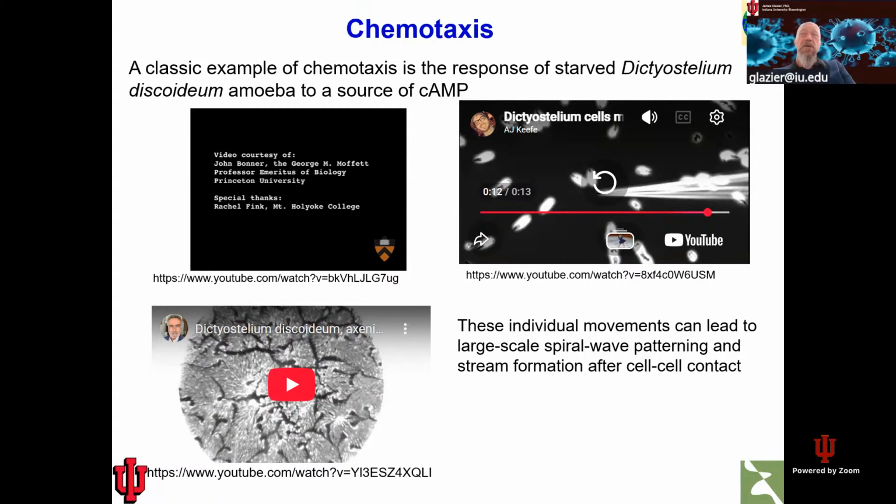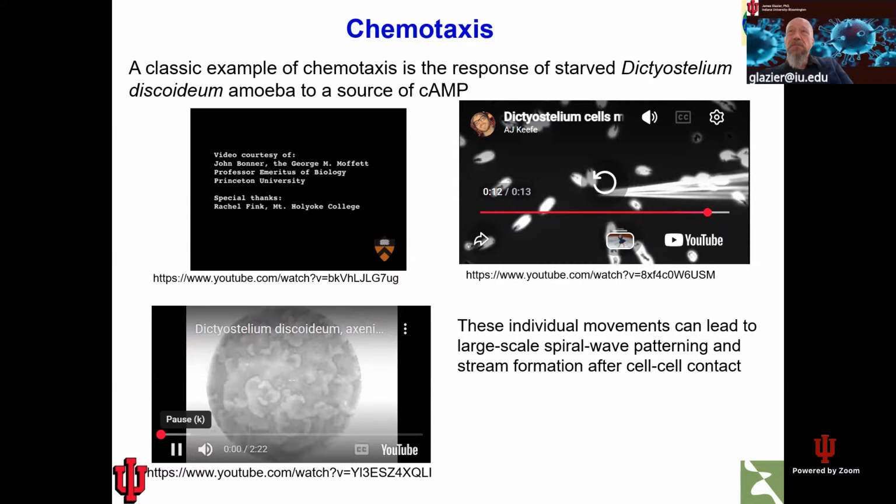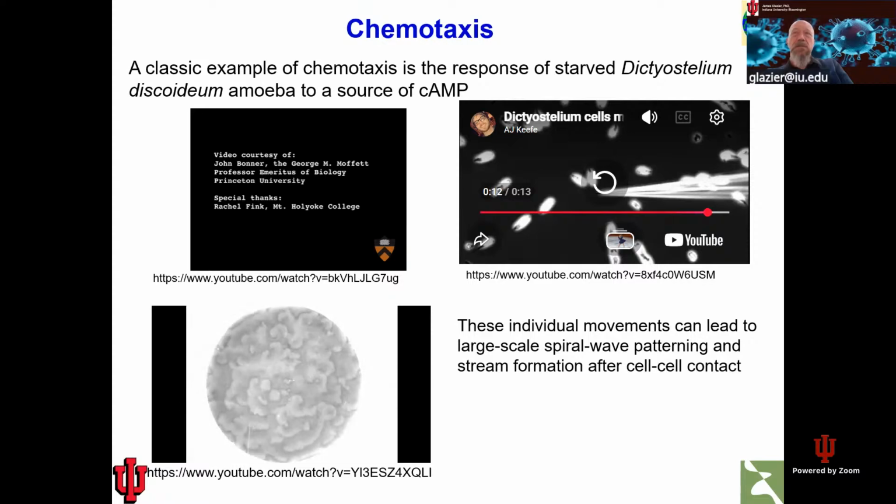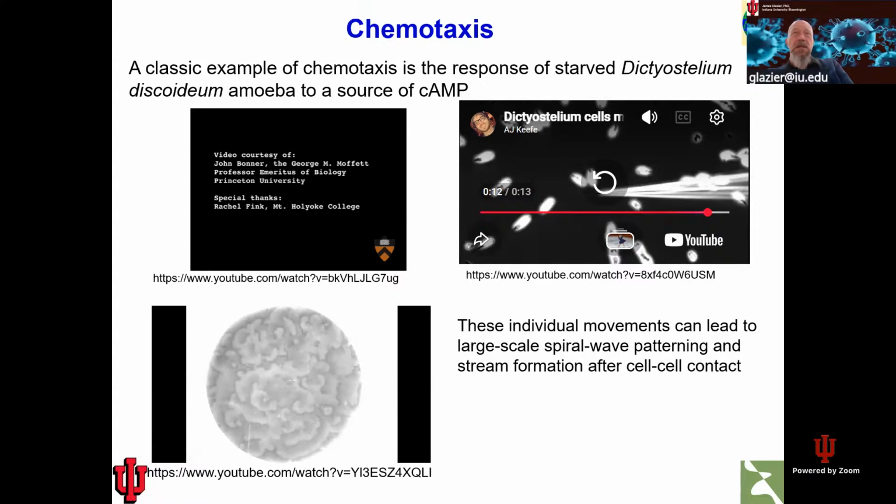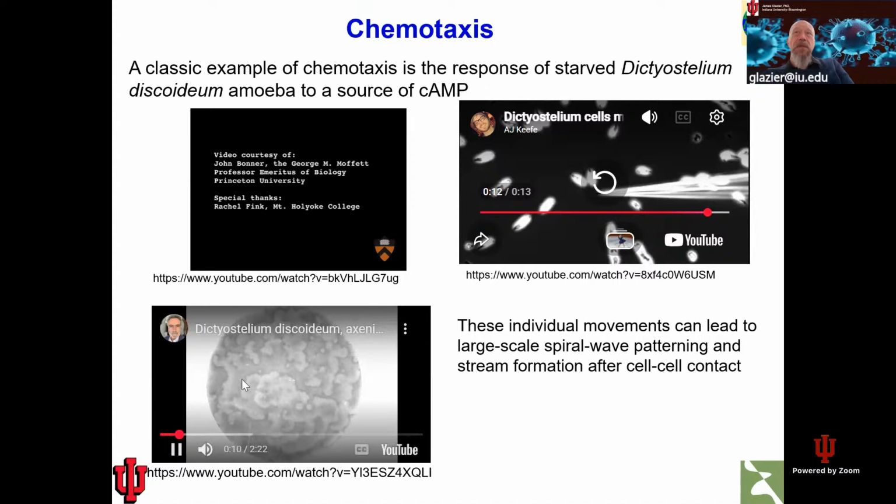If you go to a lower resolution image, let's see if I can point to this thing. Where did my cursor go? There's my cursor. If you go to a lower resolution image, this is the same system, but looked at over a very large field of view.